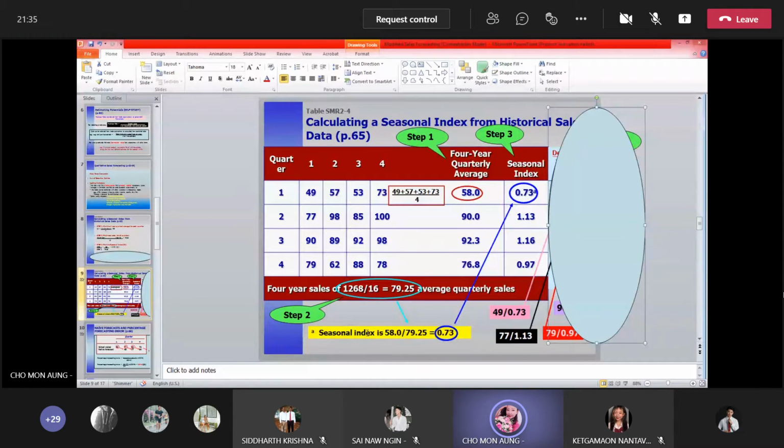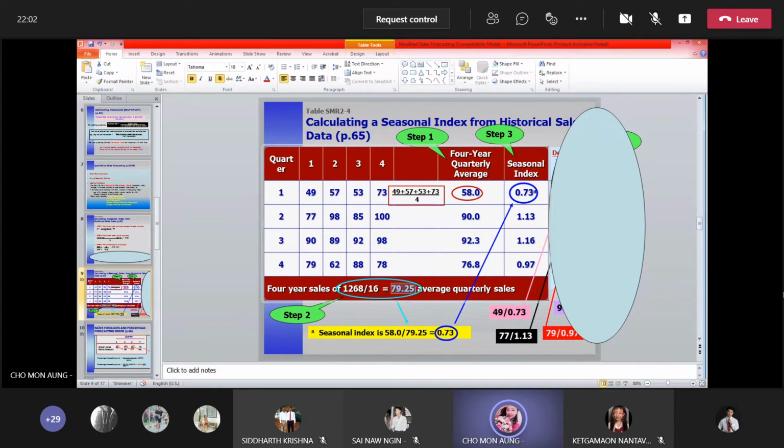For the seasonal index of quarter 1, we have 58 from step 1, and step 2 is 79.25. So we get 0.73, that is the seasonal index of quarter 1. What about quarter 2? The 4-year quarterly average from step 1 is 90, divided by step 2.